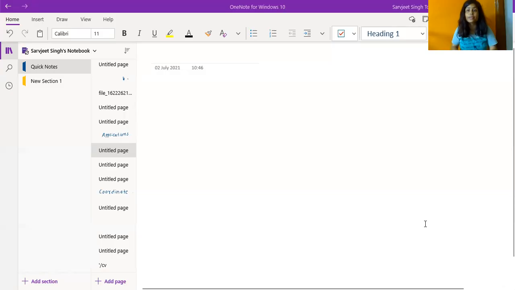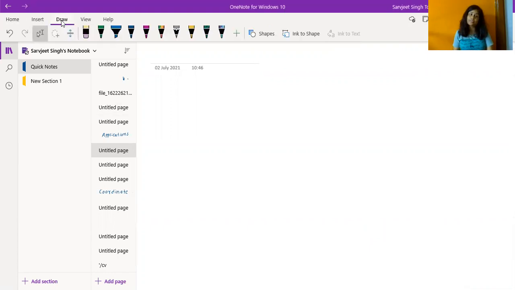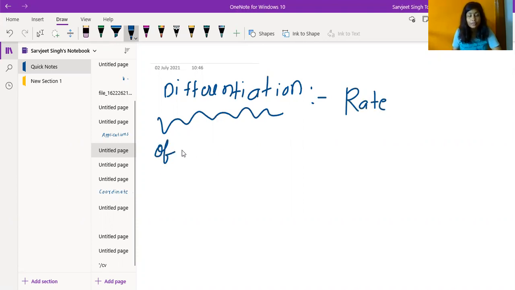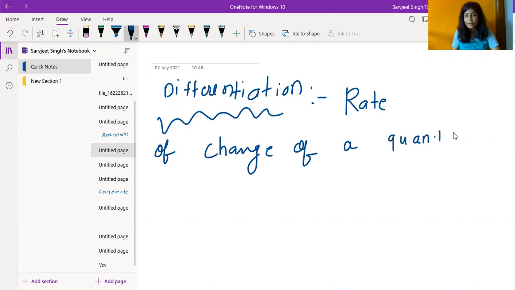So what I said is that differentiation is the rate of change of a quantity with respect to another quantity.